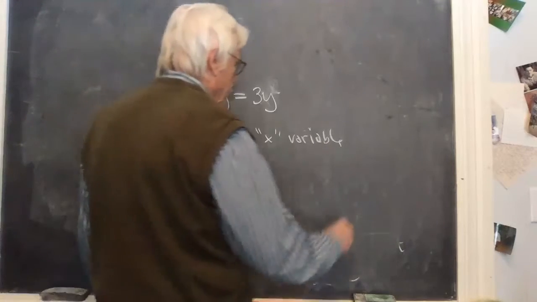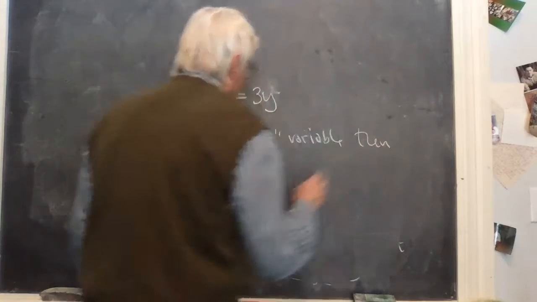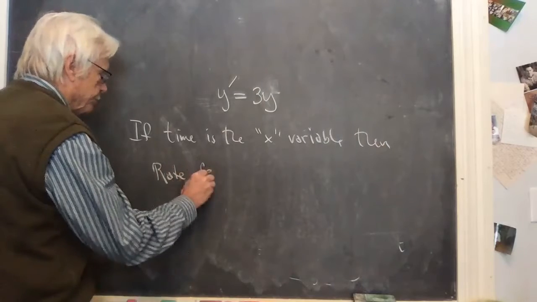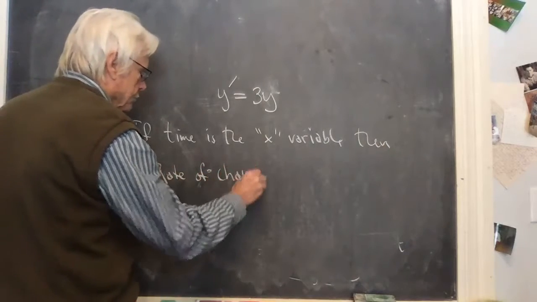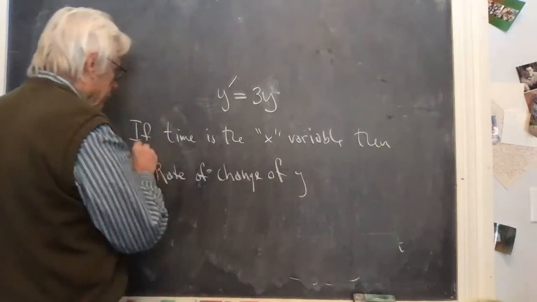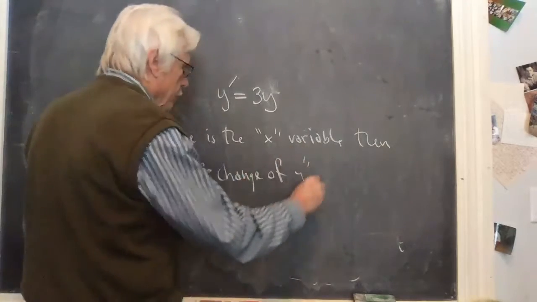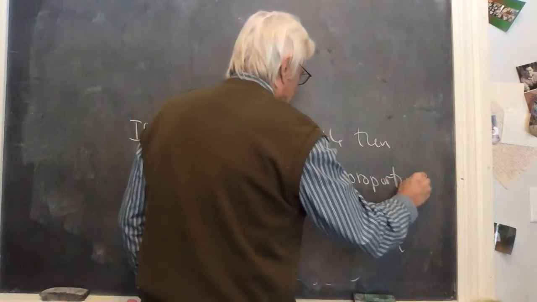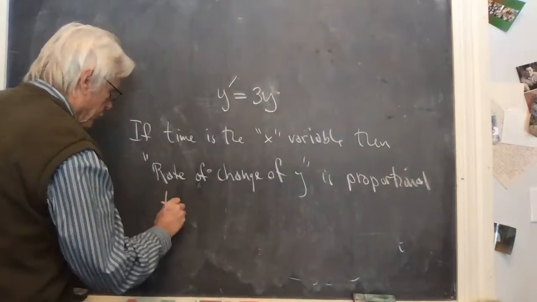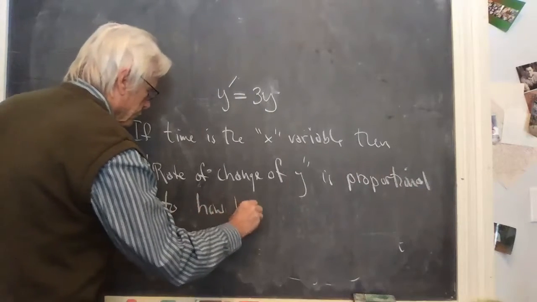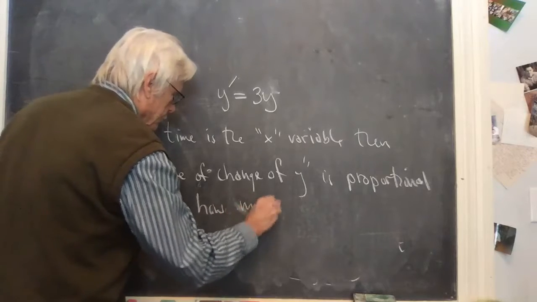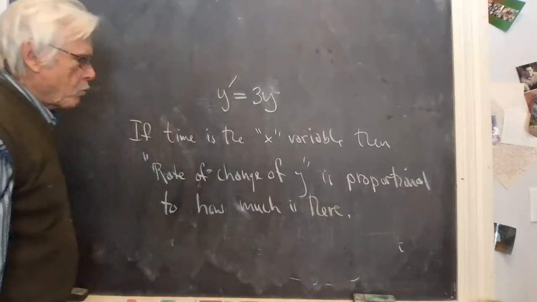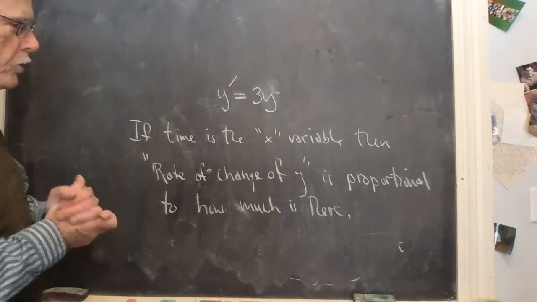And so if time is the x variable, then this says the rate of change, how fast y is changing, of whatever y is, is proportional to how much is there. And the proportionality depends on what you're talking about.